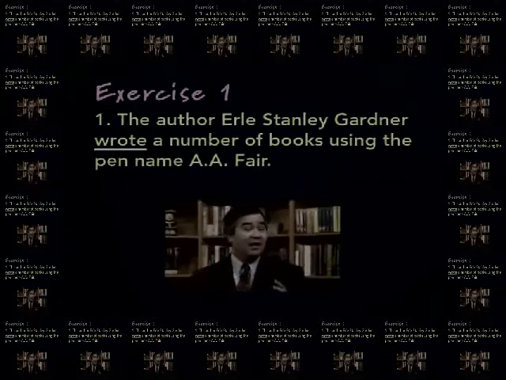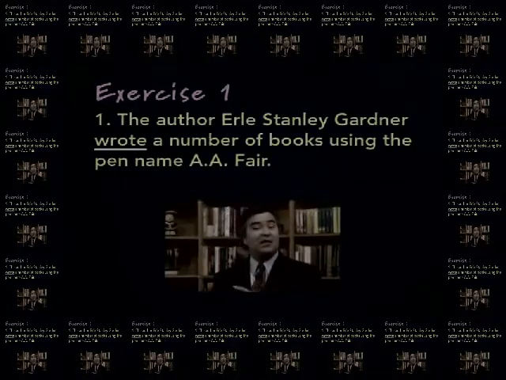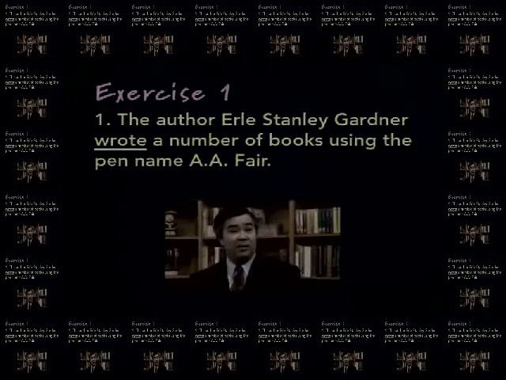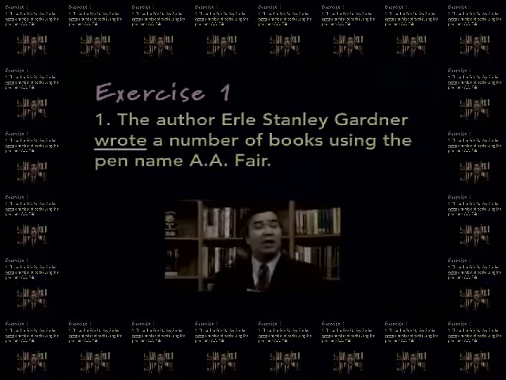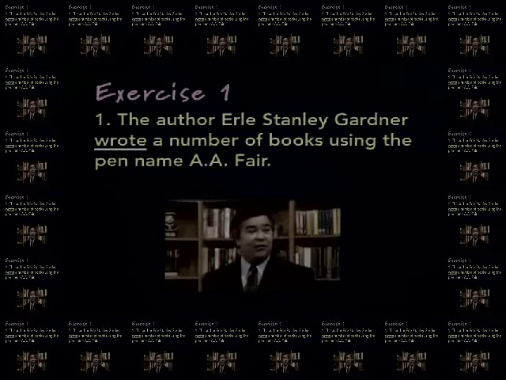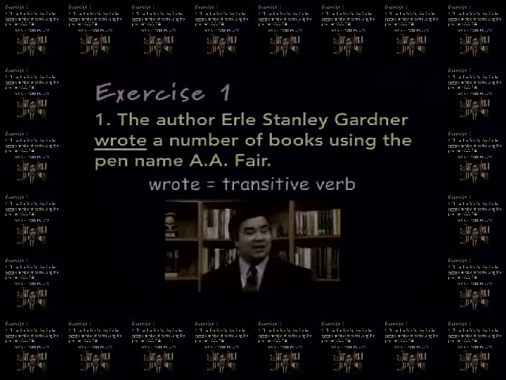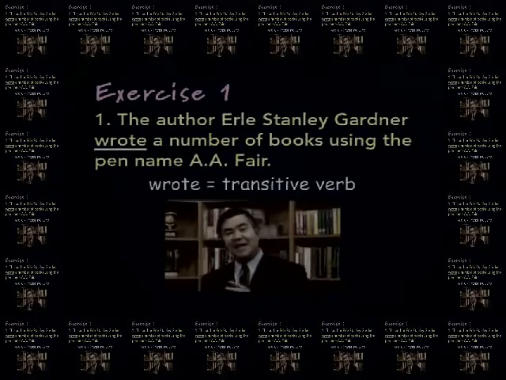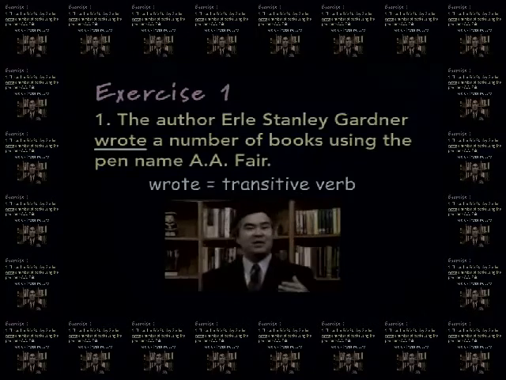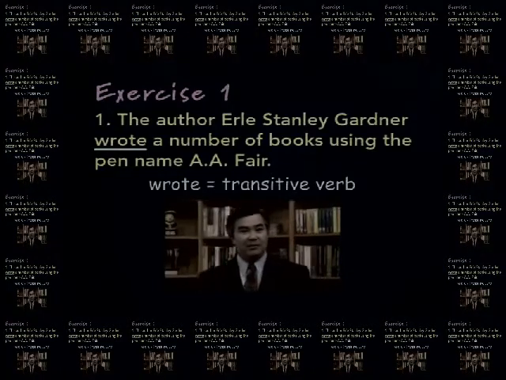And therefore, there is an object that's receiving the action of the verb. The verb wrote, its action flows through to a number of books. Therefore, wrote is being used as a transitive verb. Because remember, only a transitive verb has an object which follows it, which receives the action of the verb.